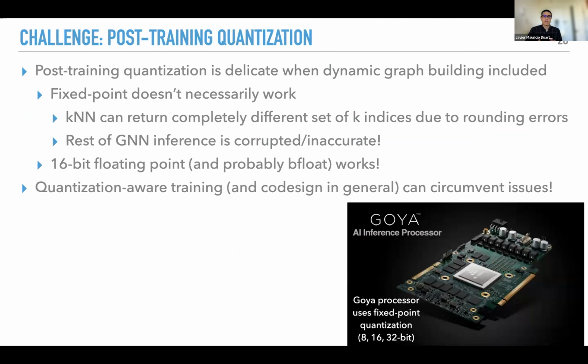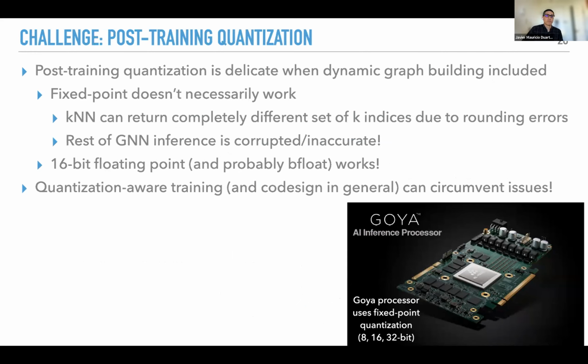So one challenge of this kind of algorithm that I mentioned already is that we were interested in trying to accelerate this with different kinds of processors, for example this Goya AI inference card from Intel. This card uses fixed point quantization, so it uses 8, 16, or 32-bit fixed point.